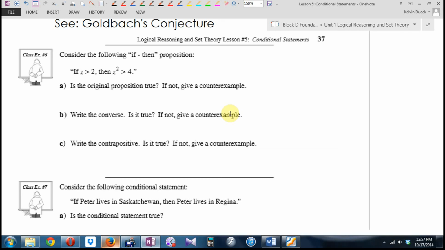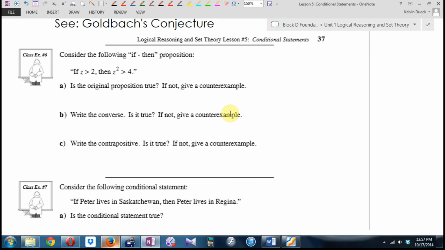Let's see if we can convince ourselves whether or not this is true. Give me an example. What's the smallest number bigger than 2? 3. Let's try that. Is 3 squared bigger than 4? Okay, so it worked. I always try smallest. What's the biggest? Okay, infinity. Might try it with a bigger number. The other thing I try are zeros and ones, because those behave strangely, right?